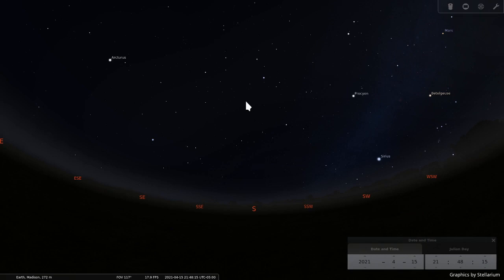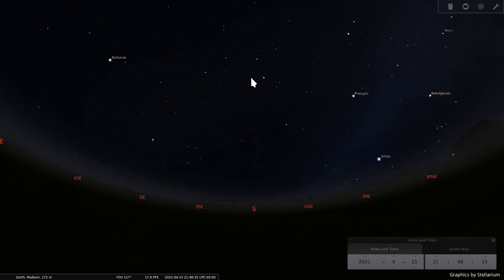Well, we're going to be looking here at some of the bright stars and constellations that we see in the evening these days in April now and early May. We're looking here at not quite 10 p.m. in the middle of the month, and as you can see, we're looking south there.